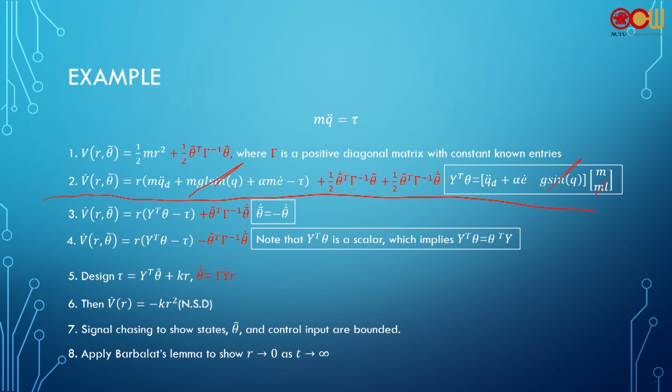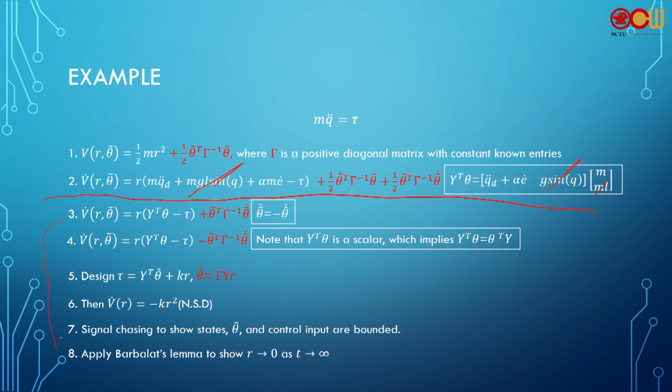So your controller is also different. The difference is Y transpose and theta, as well as theta hat. So you need to look into detail how step 3 to step 8 are done.